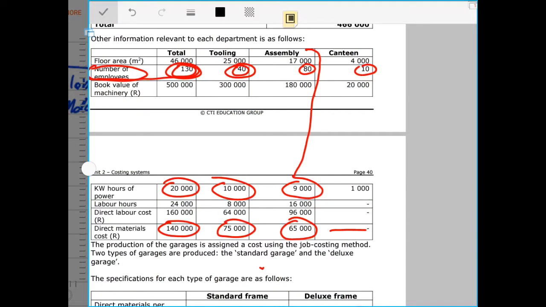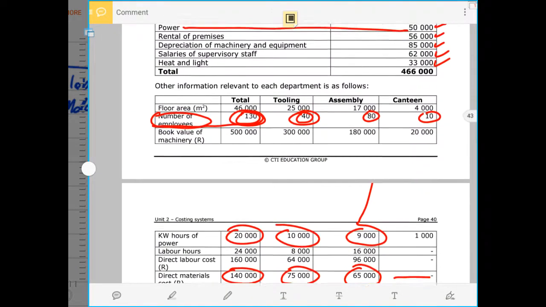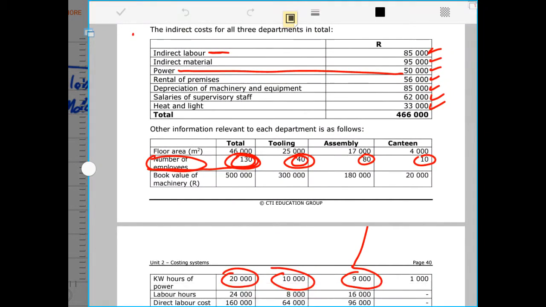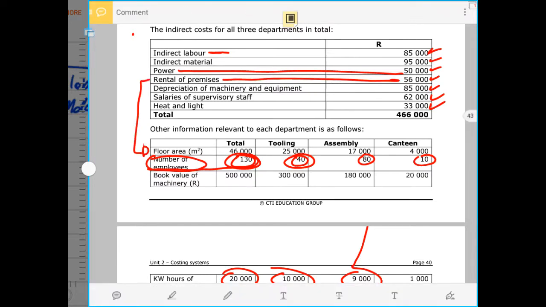Then we go to the next overhead, and the next overhead is rent of the premises. Obviously the rent of the premises will be based on the floor space.